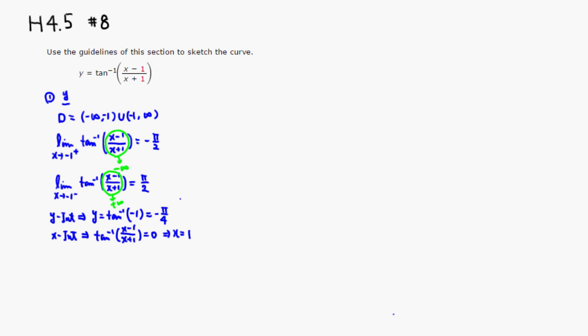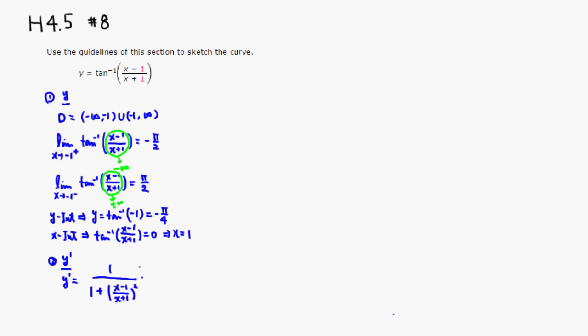So what we're going to have, we'll have to look at the first derivative, y prime. Alright, derivative of that. So y prime is going to be, derivative of arctangent is 1 over 1 plus x squared. So you're going to have 1 over 1 plus (x minus 1 over x plus 1) squared, because you have an inside function.